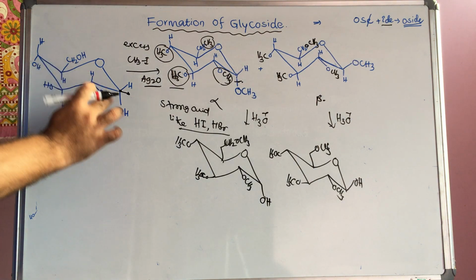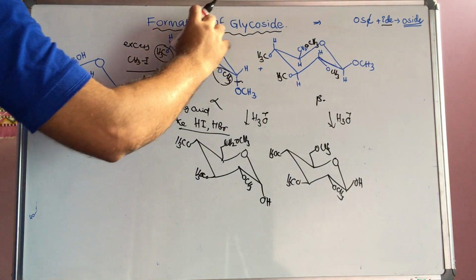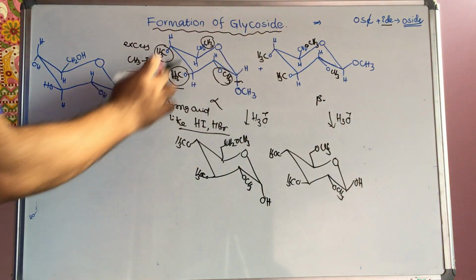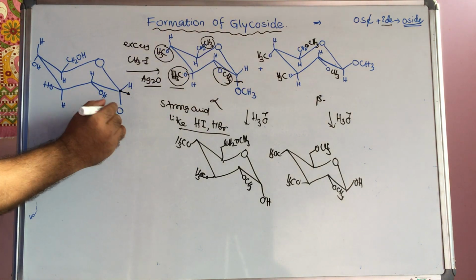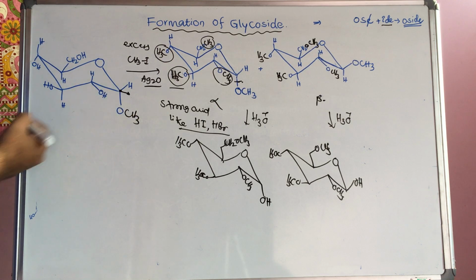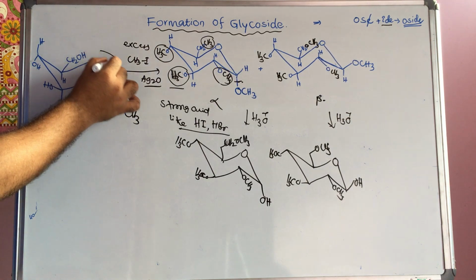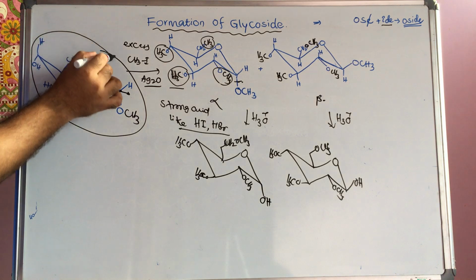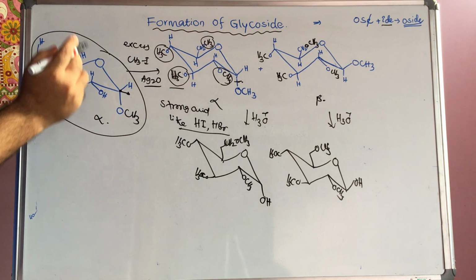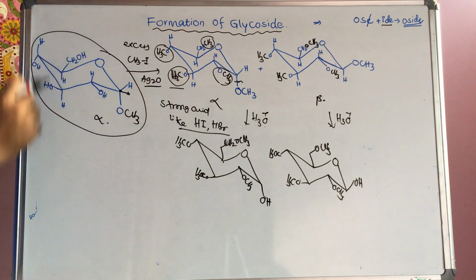So once again I am telling you, here all the hydroxy groups are bonded as ethers. Now I am just taking this alpha glycoside, this acetal form, whether beta or alpha, this is now alpha glycoside.